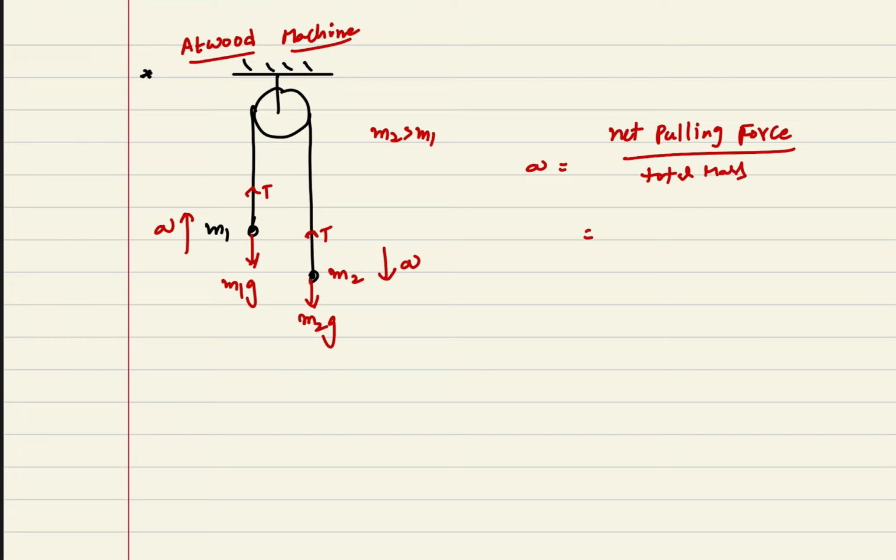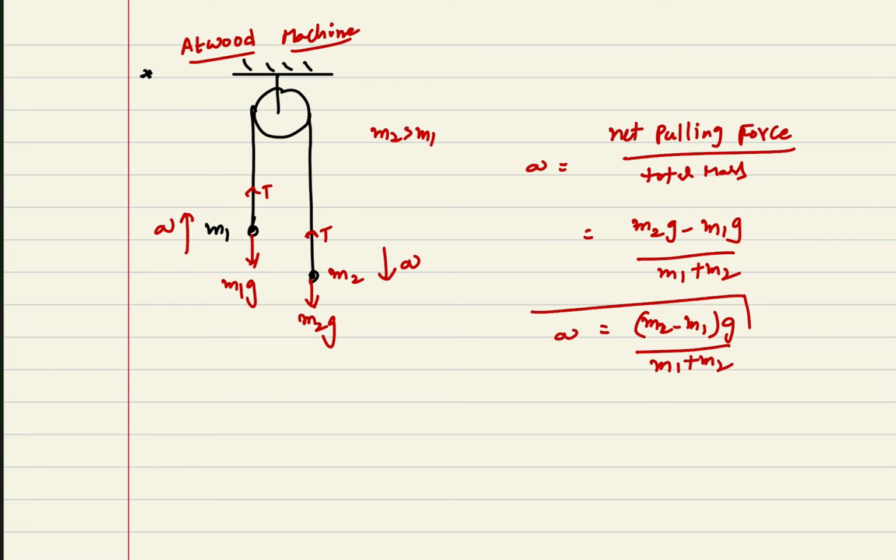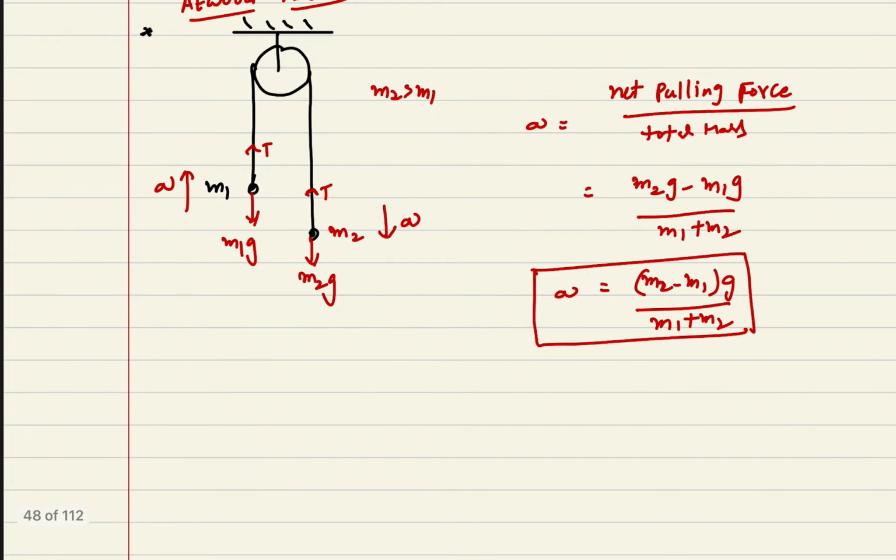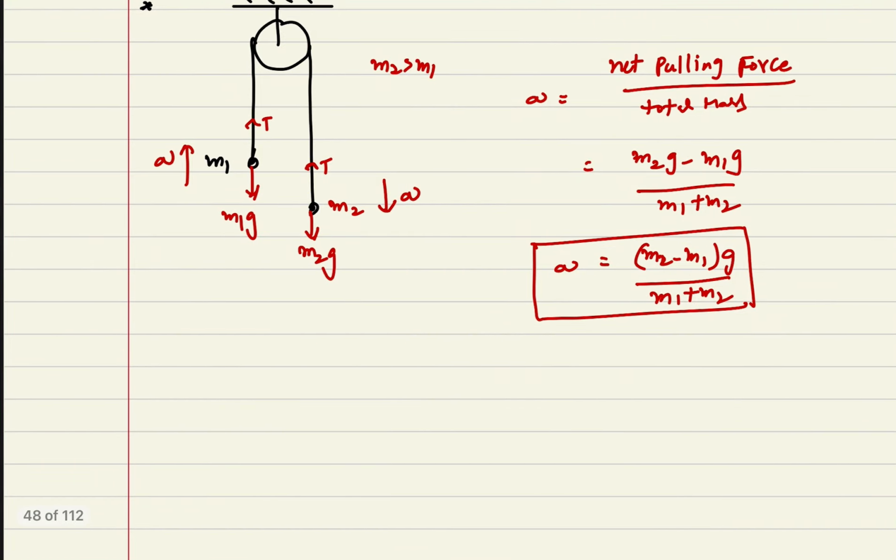Net pulling force is m2g, the greater value, minus m1g, the lesser value, whole divided by m1 plus m2. Overall we can write it as (m2 minus m1) times g, divided by (m1 plus m2). This is the acceleration of the blocks, the common acceleration.